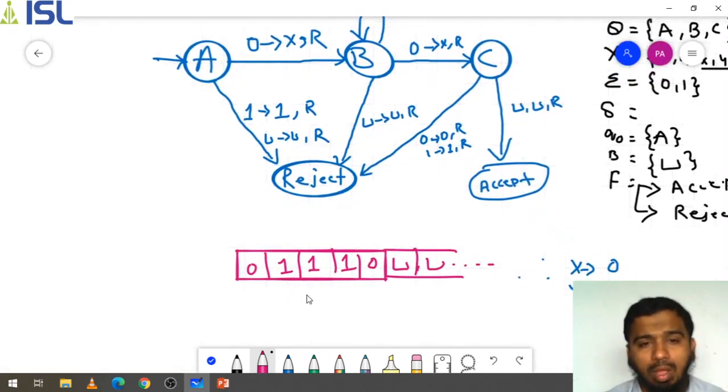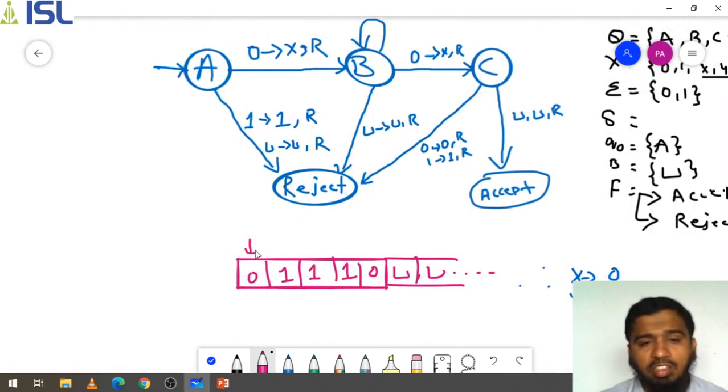Okay. My header is here. If the input symbol is 0, that should be replaced with x and move the header to the next.